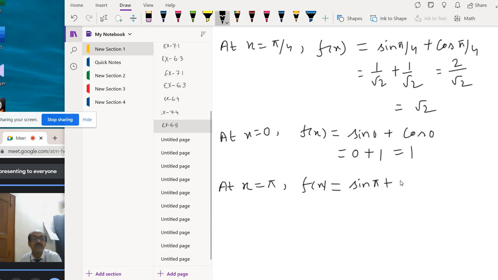Sin pi is 0, 180 degrees, and cos pi is minus 1. So equal to minus 1. So we have minus 1, 1 and root 2. Which is the maximum value? Root 2, which means 1.414. So the maximum value is root 2.